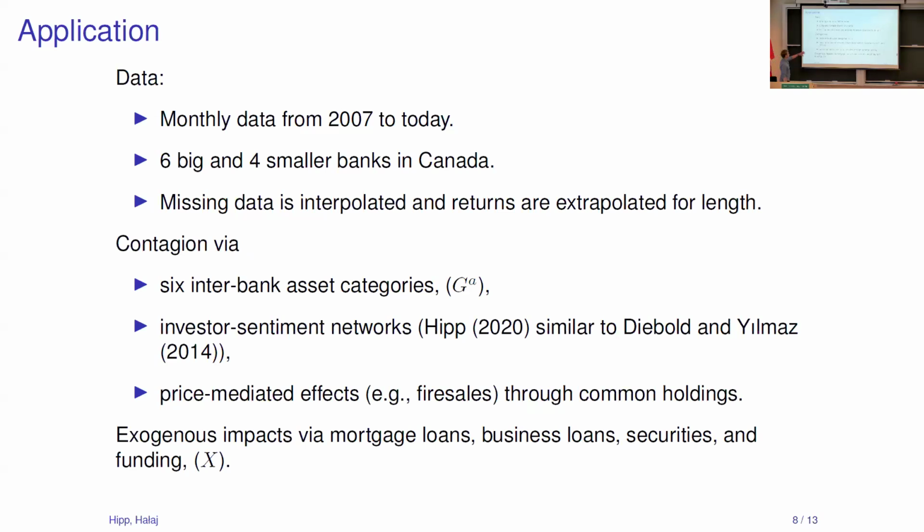We have 3 types of channels for contagion. First is the interbank assets, what we saw from the multi-layer, but we also include 2 more types of contagion. First of all, investor sentiment. If one investor feels like the bank is not doing so well because another bank is not doing so well, they may decrease their funding to that bank. That will lead to more funding pressure, and the bank will go down. Further, we use price-mediated effects.